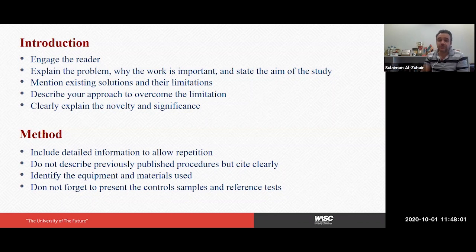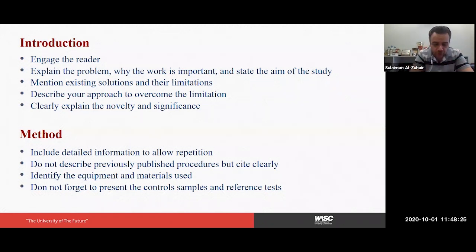Do not describe previously published procedures, but cite them clearly. If you are using a standard procedure to measure something, no need to detail it. You can just say the method is described in whatever reference, and people can go there and read the details of it. Identify the equipment and the material used. This is again so that you can be 100% clear about what you are doing.